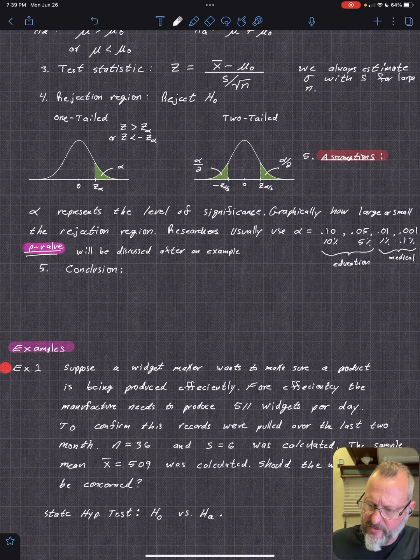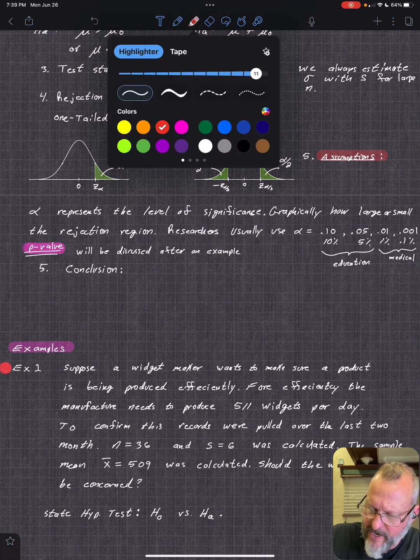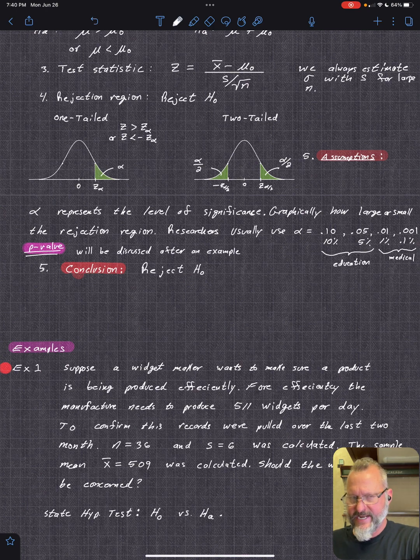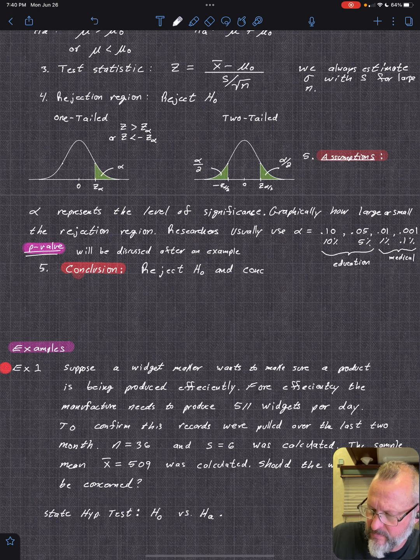Okay, then the conclusions look like this. This is important, how you conclude. So conclusions: we say reject the null hypothesis, reject H naught, and conclude HA is true.